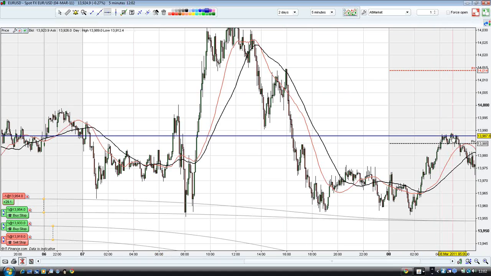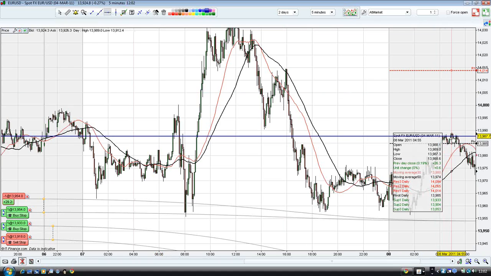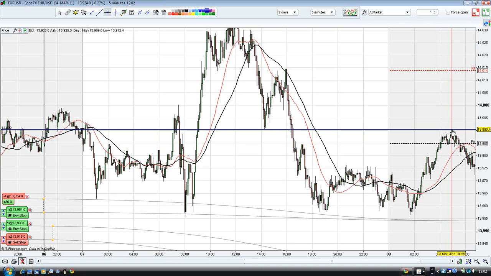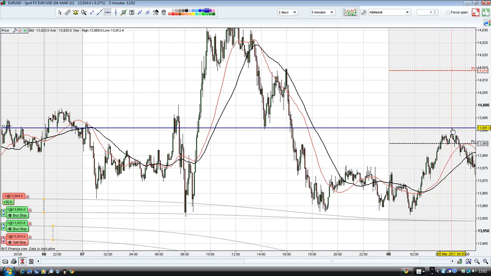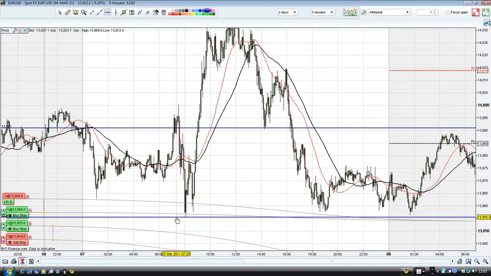So at that point we said we'll either buy just above the high of the day, and the high of the day was 13,989. So we said we'll buy 13,991. And as we noticed also the market had formed a support level at 13,956.